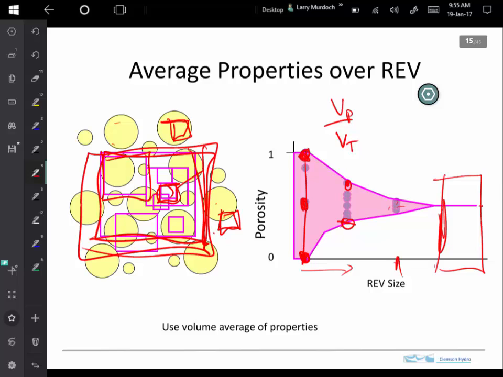The other thing that can happen is as this REV gets bigger and bigger, we're incorporating other types of materials, and so the porosity that we get by averaging within the REV, if this plot is extended, may change just because of how different layers in a sedimentary rock would have different porosities. So this REV concept, on one hand, it's pretty easy to accept that we're just going to take a volume and average and use those properties.